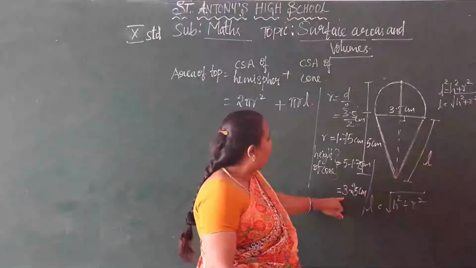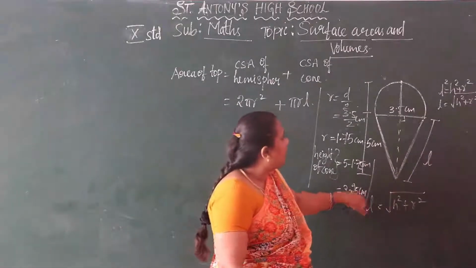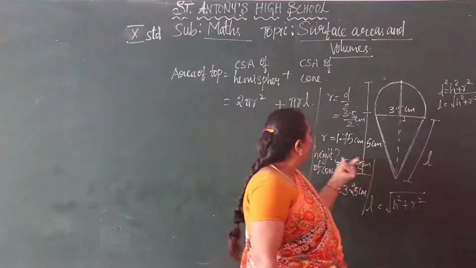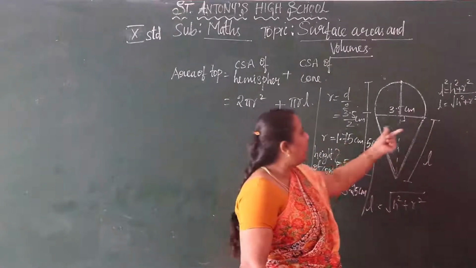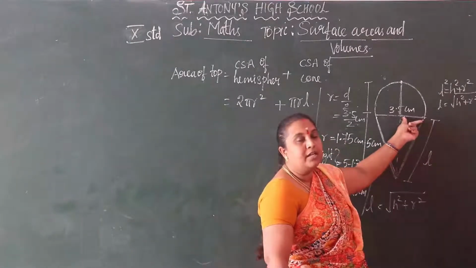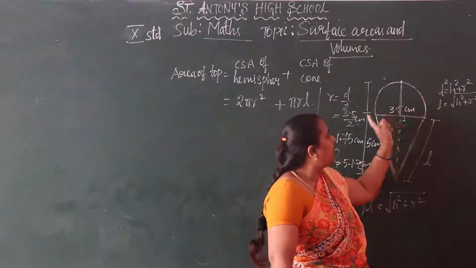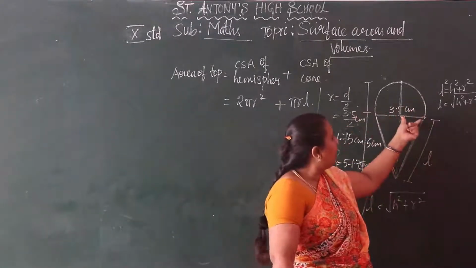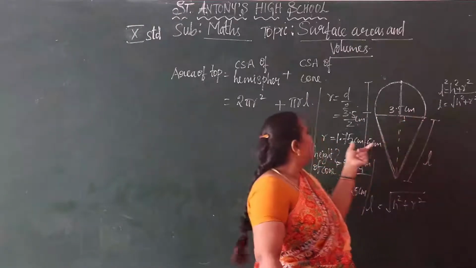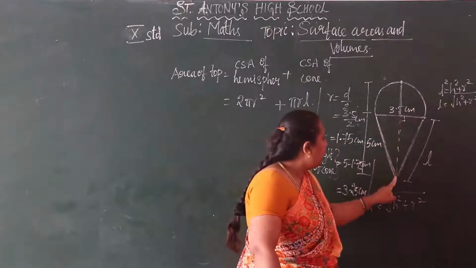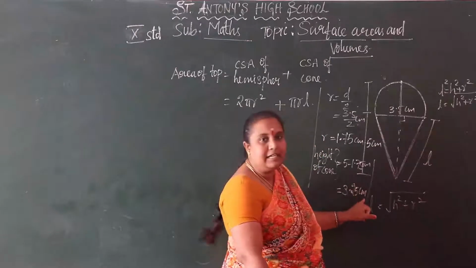So we know R, that is the radius is 1.75. Radius of cone is 1.75. Radius of cone and radius of hemisphere are both the same, because both are on the same base. So the radius of the cone is 1.75 centimeter and the height of the cone is 3.25 centimeter.